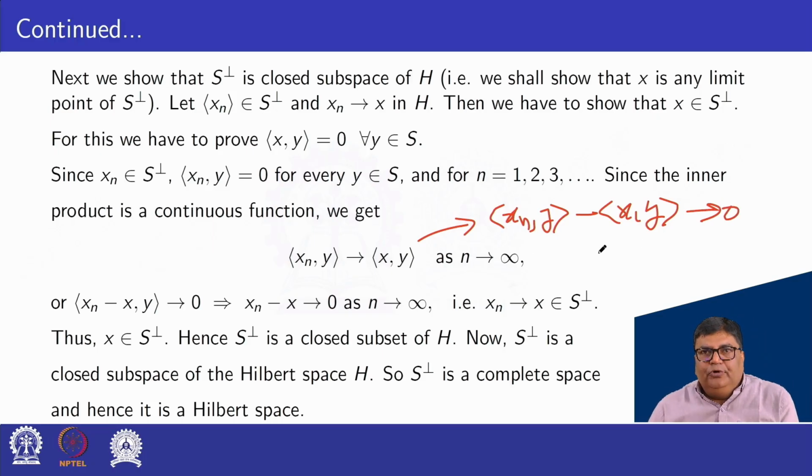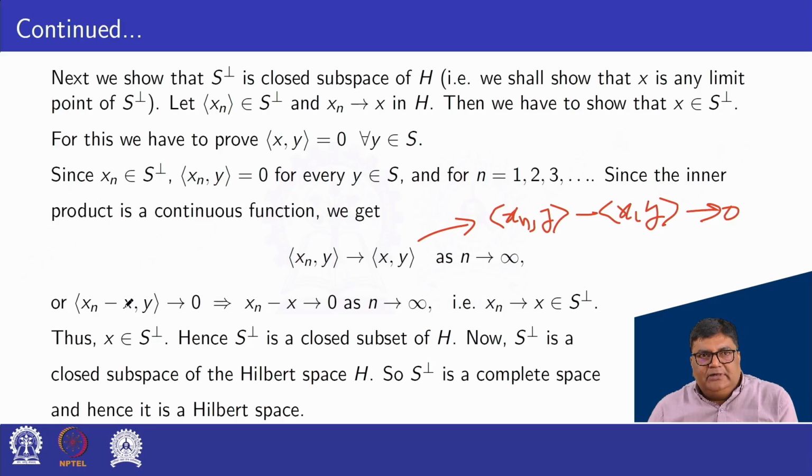So applying the fourth property of inner product, we can write this with y as common, so inner product of xn minus X, y tends to 0 for all y belonging to S.